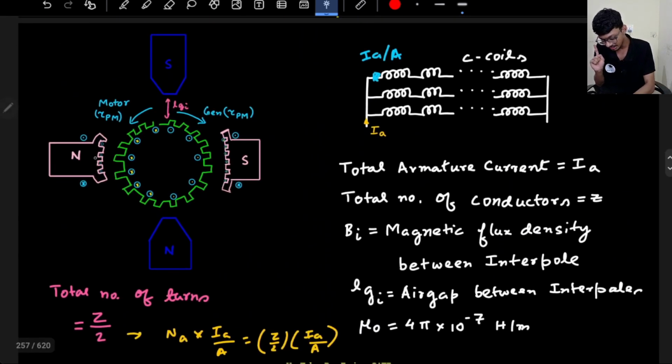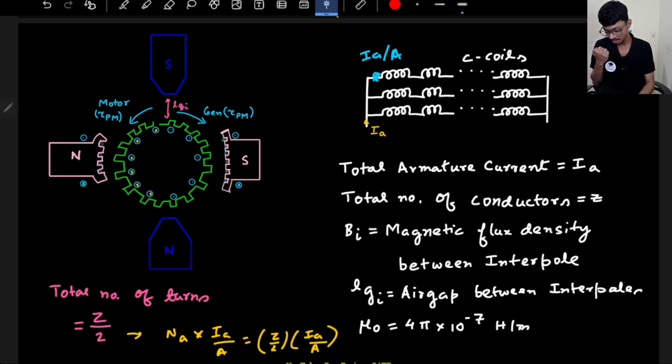So if I connect the compensating windings here, what are the ampere turns provided by the compensating winding? That is what we want to find out, right? If I assume the number of turns of the compensating winding to be the same as the armature, then how much MMF will my compensating winding cancel out?